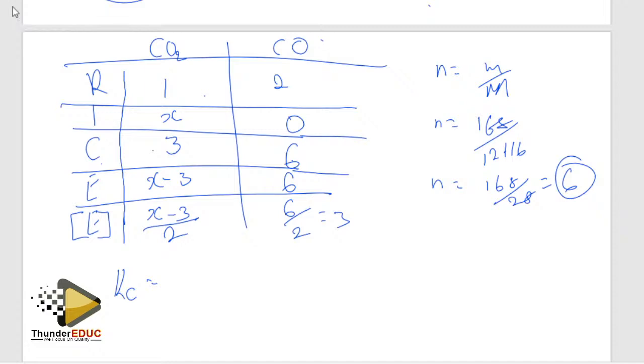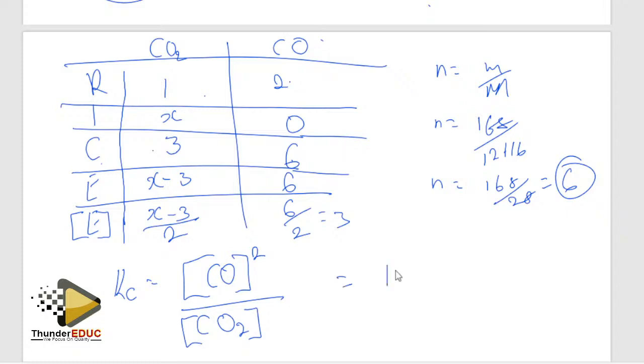So Kc is equal to the product, which is carbon monoxide to the exponent of the number of moles, which is 2, divided by carbon dioxide to the exponent of the number of moles, which is 1. Therefore Kc is 14, which is equal to 3 squared divided by x minus 3 over 2.